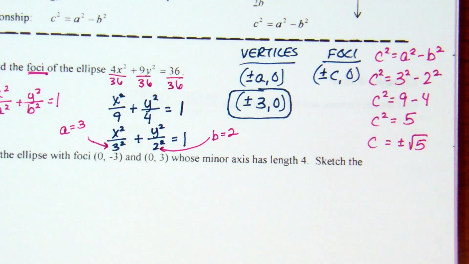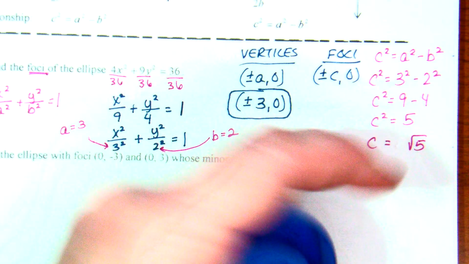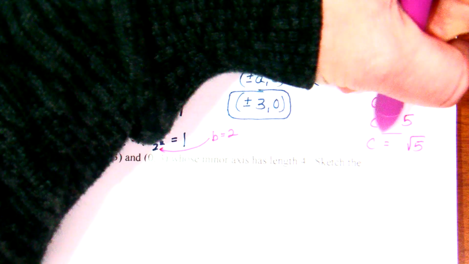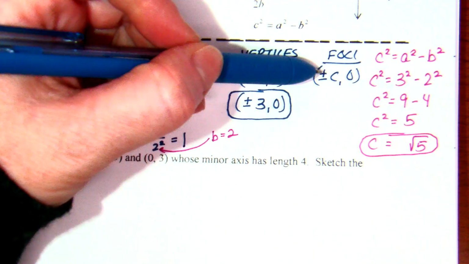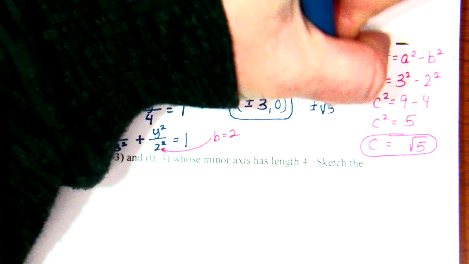The plus or minus is in the formula. So, kind of like Pythagorean theorem. When you actually do the Pythagorean theorem, do you actually put plus or minus in an answer? And you don't. If C squared is 5, then you take the square root to get C. So C is square root of 5. If my foci are plus or minus C, comma 0, my foci are plus or minus square root of 5, comma 0.